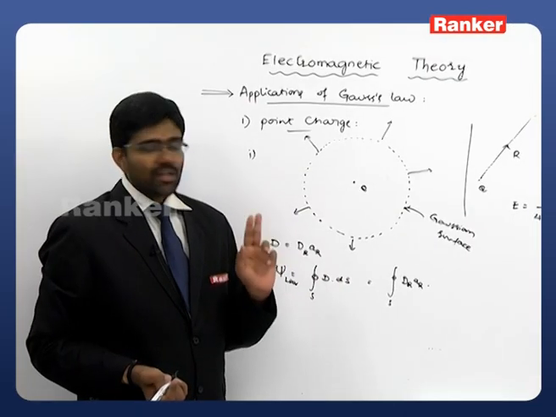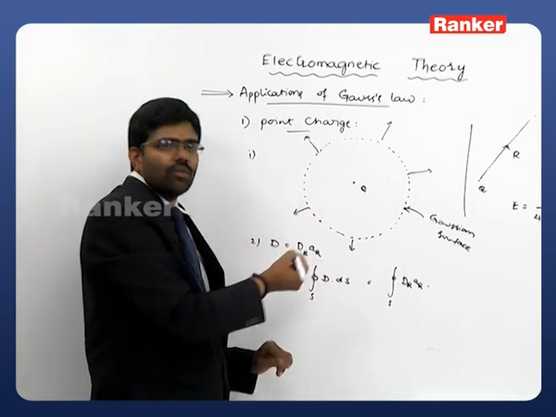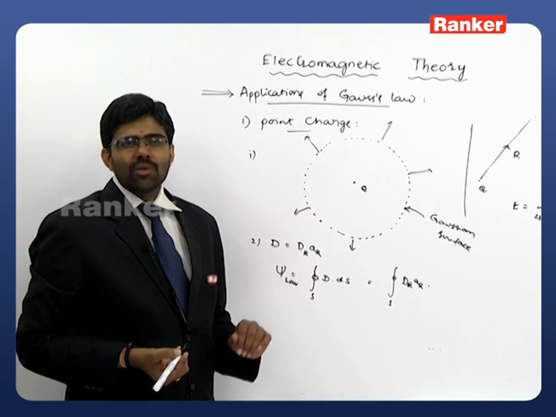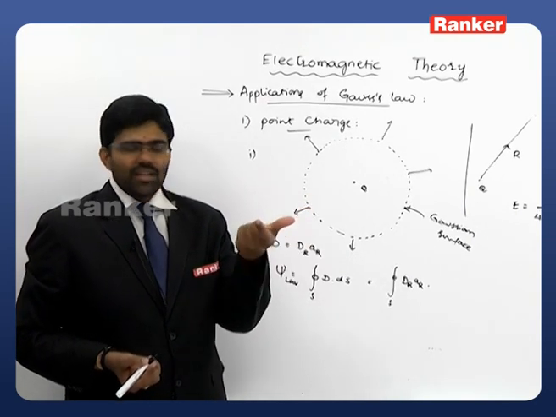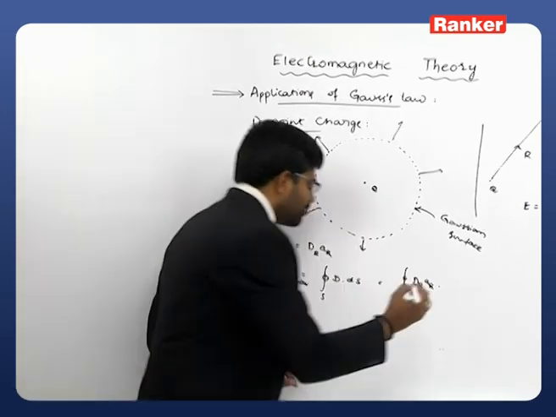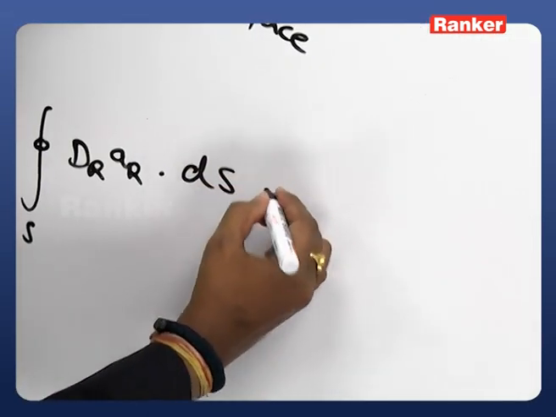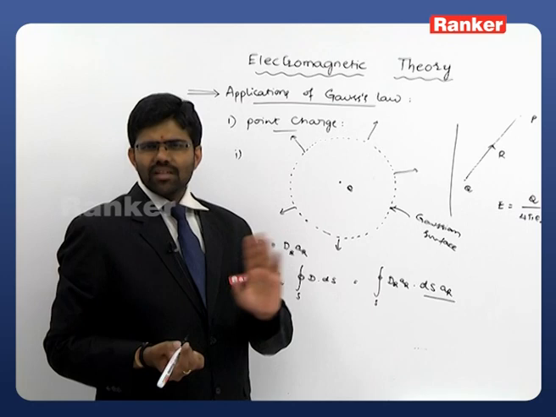Once again I am saying, the differential surface of the Gaussian sphere is in the direction of radius. So the differential surface for the Gaussian sphere in the direction of radius is dS in the direction of a_r, that is simply dS a_r. This must be observed, don't write the equation.